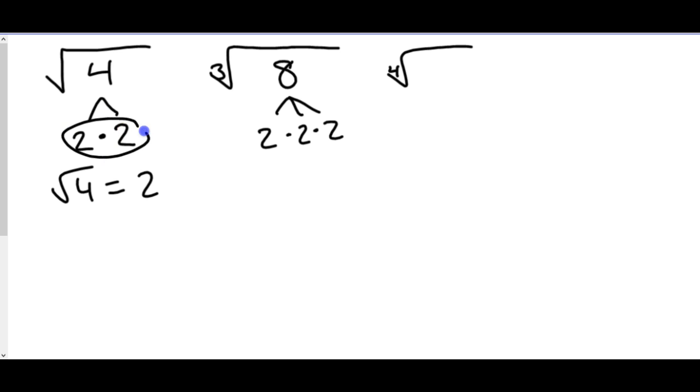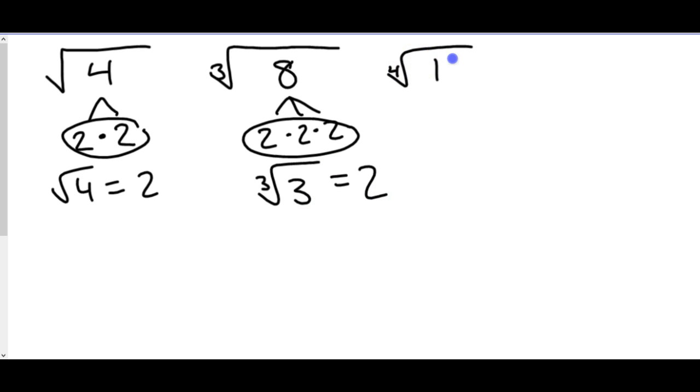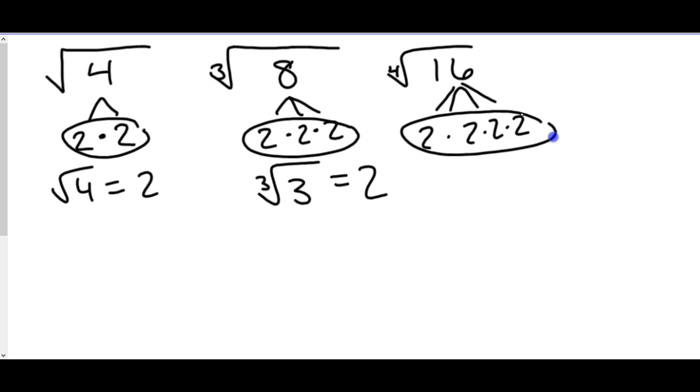So groups of 2 for square root, groups of 3 for cube root, so the cube root of 8 is 2, and groups of 4 for the fourth root, and so on. I think we only really work with the square root and the cube root on this assignment. The fourth root of 16 would be 2.